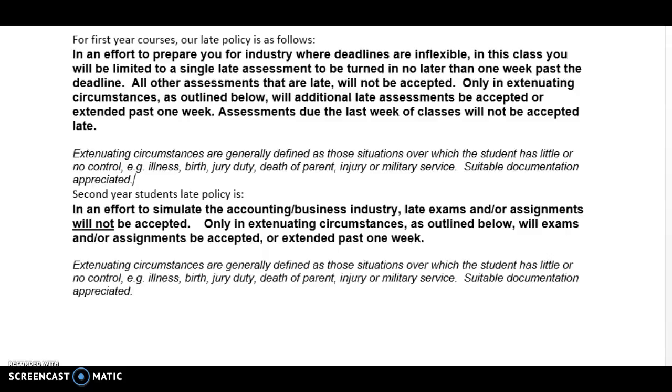In an effort to simulate the accounting and business industry, late exams and/or assessments will not be accepted. Only in extenuating circumstances as outlined below will the exams or assignments be accepted or extended past 1 week.